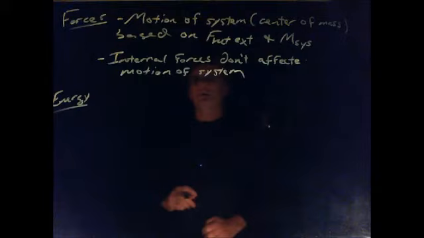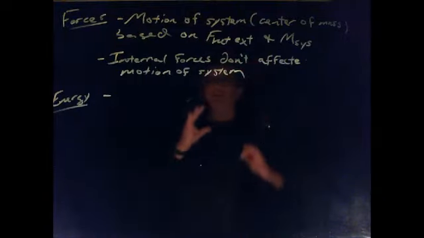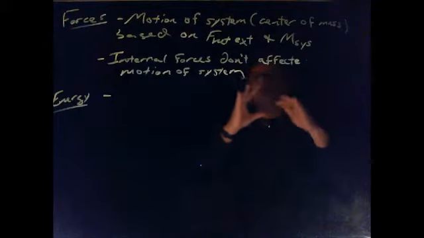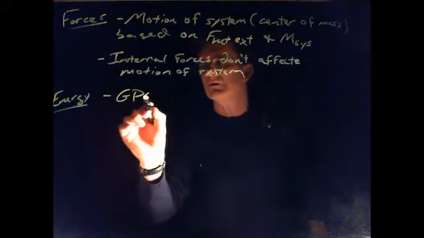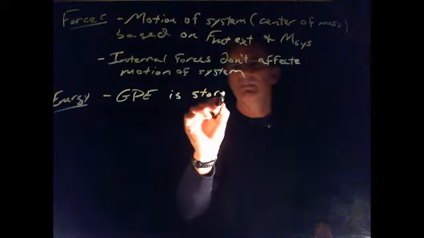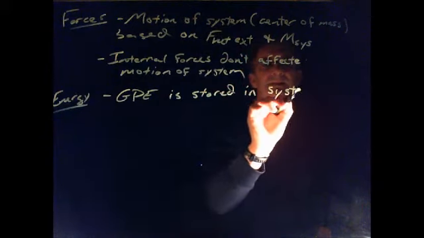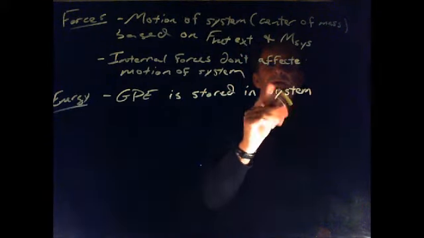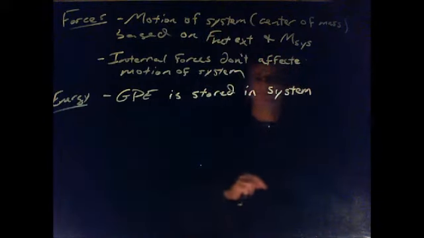And so let's take a look at the idea of energy. And this gets into a somewhat different idea of system, and that is gravitational potential energy is stored in the system. Now, what I mean by system here is a little bit different, or could be different, than this idea of a system.